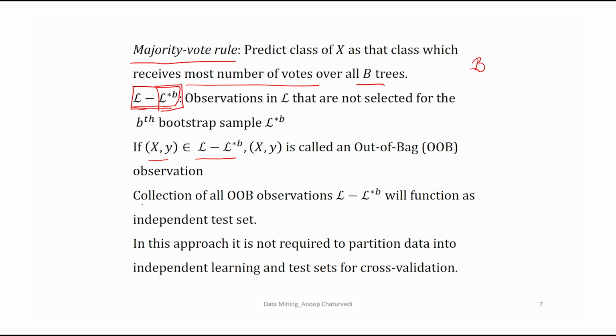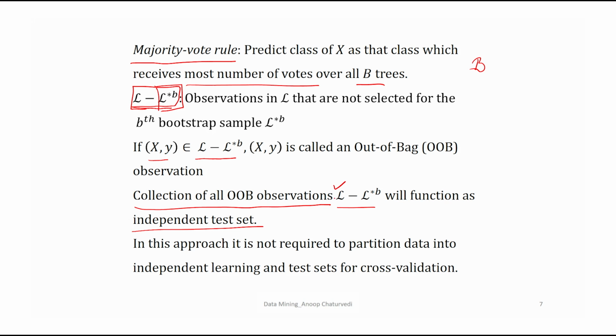Then the collection of all out of bag observations L minus L*b will function as an independent test set. So, basically, by doing the random sampling with replacement, you have divided the learning set into two parts.